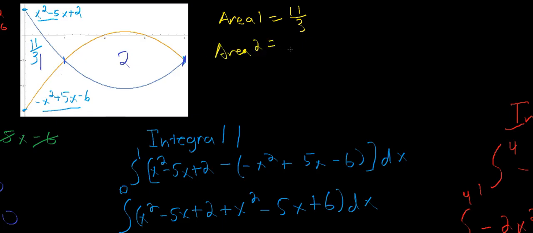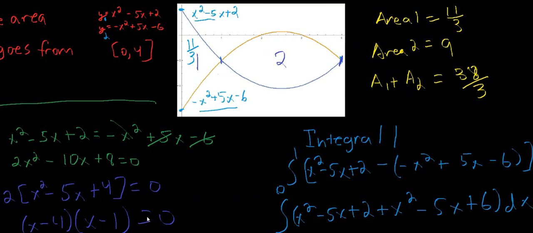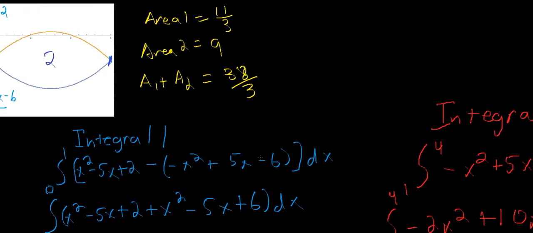Area 2 was 9. And combining them, A1 plus A2 equals 38 thirds. I believe so. And I'm pretty sure that that is the answer to the question, 38 thirds.